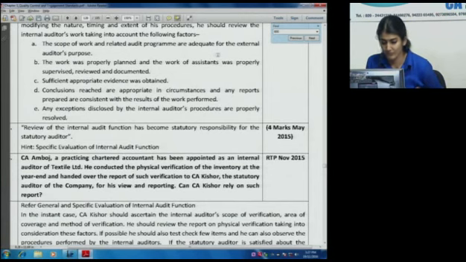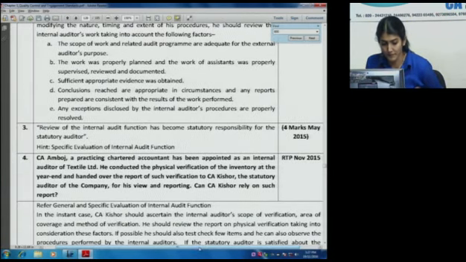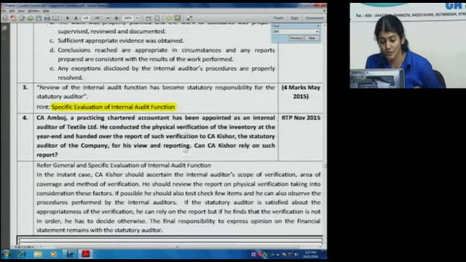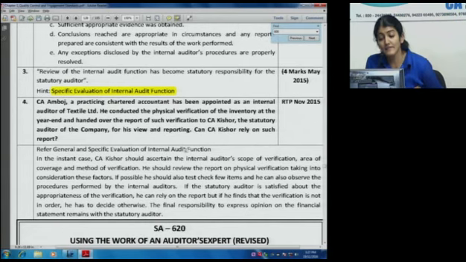Next one. Yes, question number 3. Review of internal audit has become the statutory responsibility for the statutory auditor. So again, you have to write down the specific evaluation of the internal audit function. And last one, CA Amboj, a practicing CA, has been appointed as an internal auditor of textile.